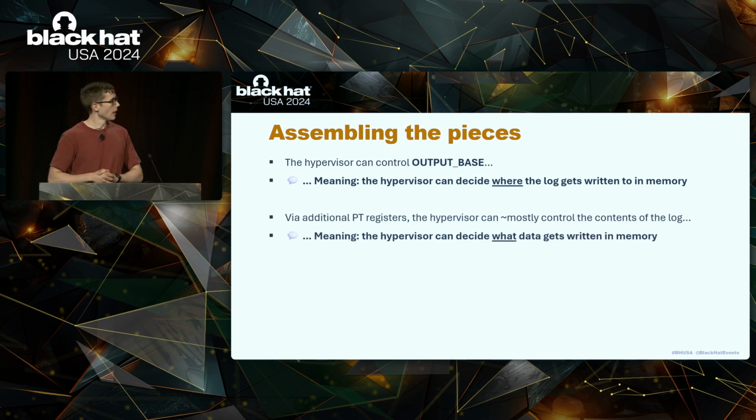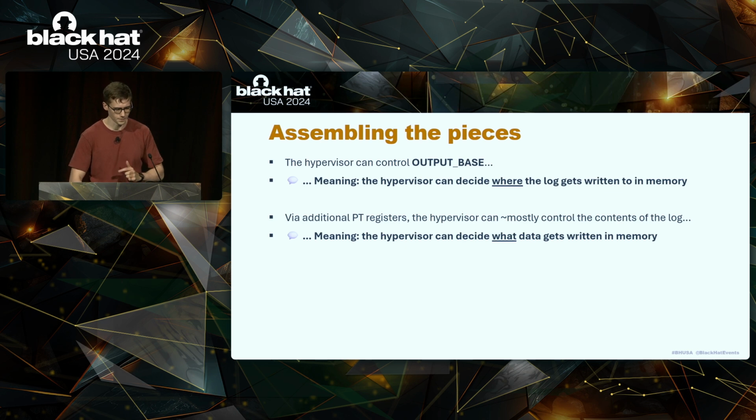Number two, there are actually additional processor trace registers that exist that I didn't mention, but they allow to control what kind of data the CPU is going to write into the log. And given that the hypervisor has access to the in-memory state, it can control the value of these registers, and therefore it can control what data the CPU is going to write into the log. The log, which is created at the output base address that the hypervisor also controls.